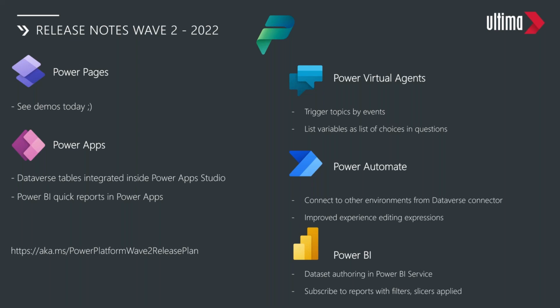There is a Dataverse legacy connector, and a lot of customers and partners were still using that connector because of this limitation in the new Dataverse connector, which wasn't capable of connecting to other environments. Now Microsoft is also going to introduce that in the new Dataverse connector, which probably will mean that a lot of customers and people, generally speaking, will move away from the legacy connector. So again, it stood out for me. I think this is a good one.